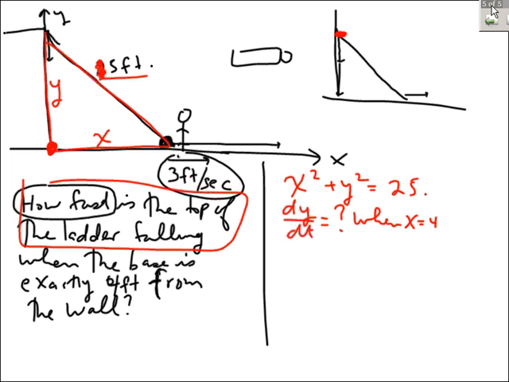Here's the wall, and the base of the ladder is 4 feet away. At some point, that's going to be 4 feet. Is it always going to be 4 feet? No. But when it is 4 feet, how fast is the ladder falling? And they also told us that the ladder is going to the right, which is a positive amount. So dx/dt is positive 3 feet per second.